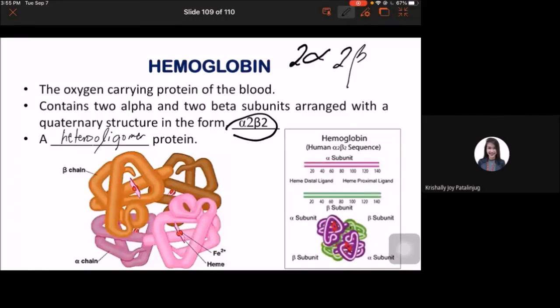Kapag hemoglobin po, in some other references, they also call this a tetramer, tetrameric protein. It is already understandable bakit tetra, di ba? Kasi meron siyang apat na subunits: in a form of alpha, dalawa; in a form of beta, dalawa. So, apat lahat yan. Okay?